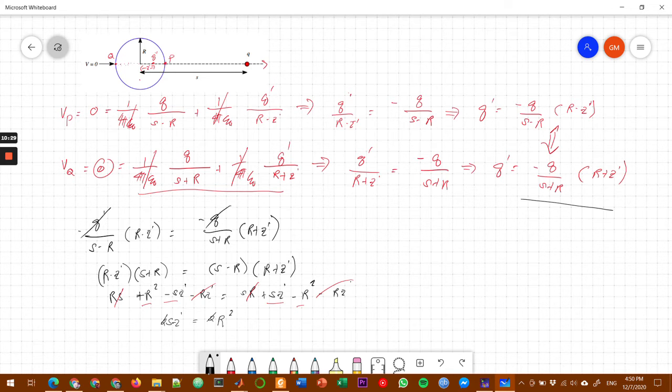I will get Z prime equals R squared over S. Okay? So muna ako ang Z prime. Okay. So my Z prime is just R squared over S. And then from Z prime, I can now get Q prime.